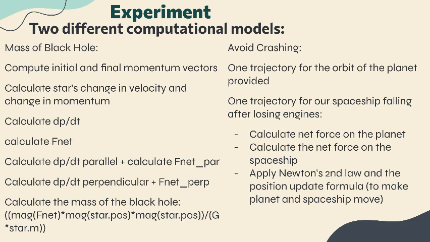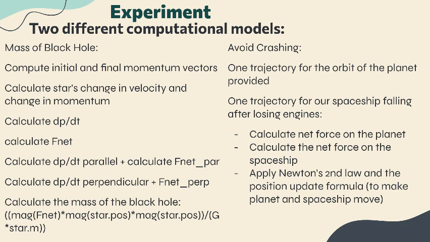To create this model, first we computed the initial and final momentum vectors, and then calculated the star's change in velocity and change in momentum, calculated dp/dt, and then Fnet, and then dp/dt parallel and Fnet parallel, and then did the same for perpendicular, both dp/dt perpendicular and Fnet perpendicular. And then finally we were able to calculate the mass of the black hole using the magnitude of Fnet times the star position squared over G times star mass.